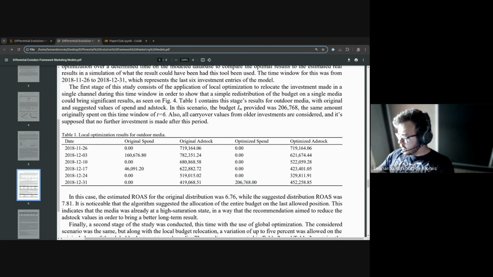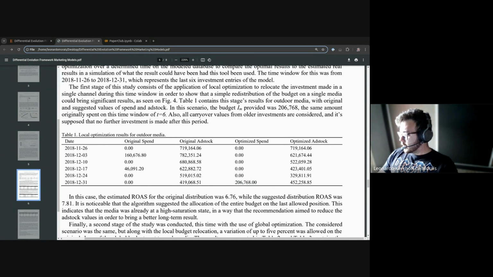Of course, here I didn't put any constraint of a minimum value to attend to, but it could have been put in. Let's say we want to keep at least 1,000 reais each week. It would probably keep 1,000 reais each week, and the rest of it would be arranged in the last available week.